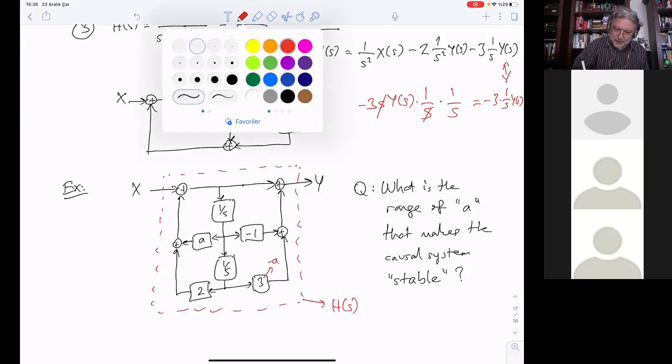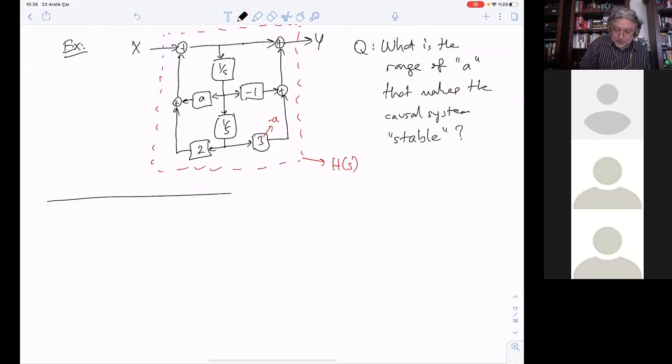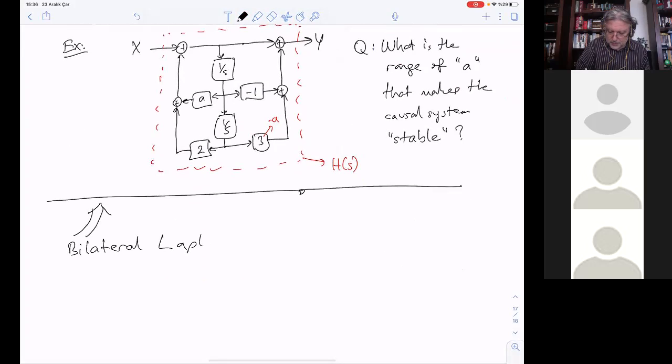Okay. Now, that essentially concludes the so-called bilateral Laplace transform. But there is also the so-called unilateral Laplace transform.